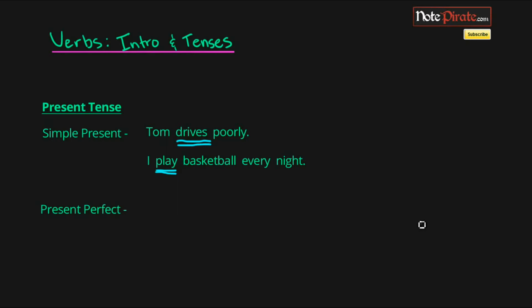So it's simple present plus the past participle. So for example, you might say, I have had enough. Now, have had is your verb here. And you can see the way it's been formed is with the present tense of have, and the past participle is had here. So I have had enough.